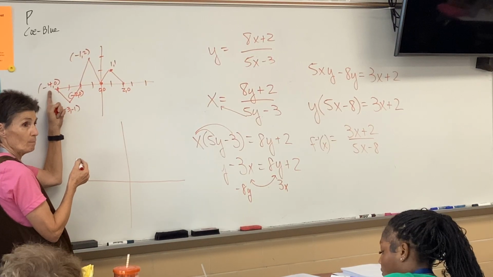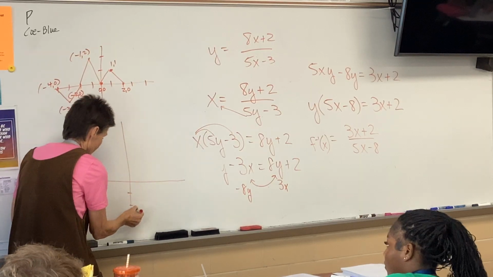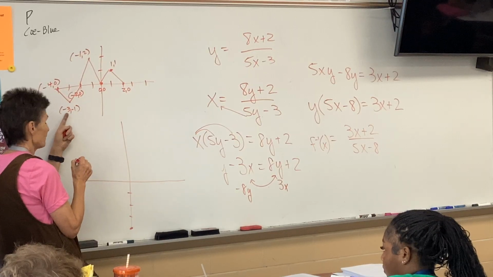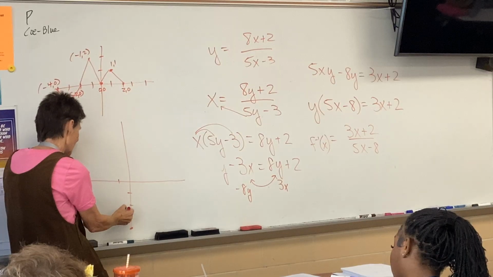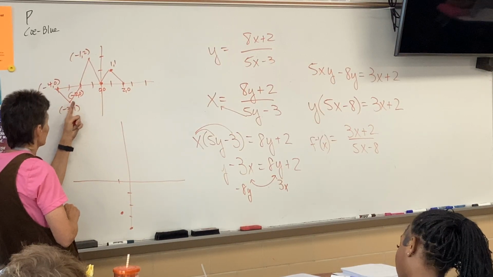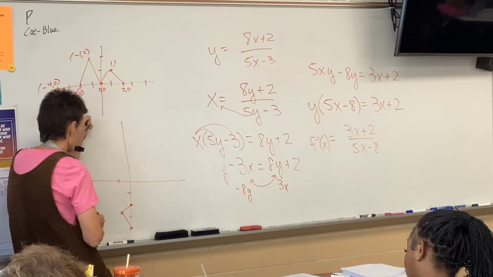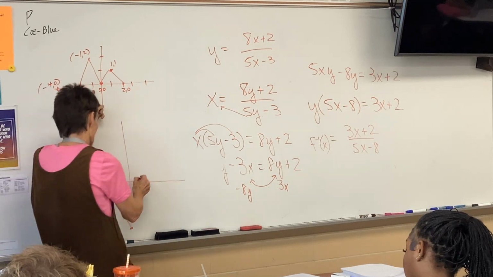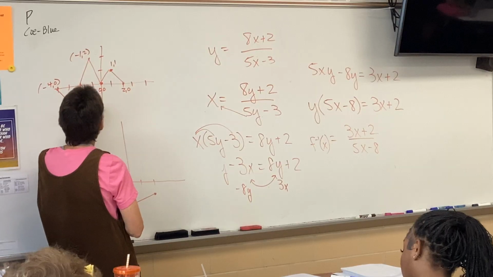Negative 4, 0 becomes 0, negative 4. Negative 3, negative 1 becomes negative 1, negative 3. 0, negative 2, so there's that little triangle. 2, negative 1, and 0, 0.